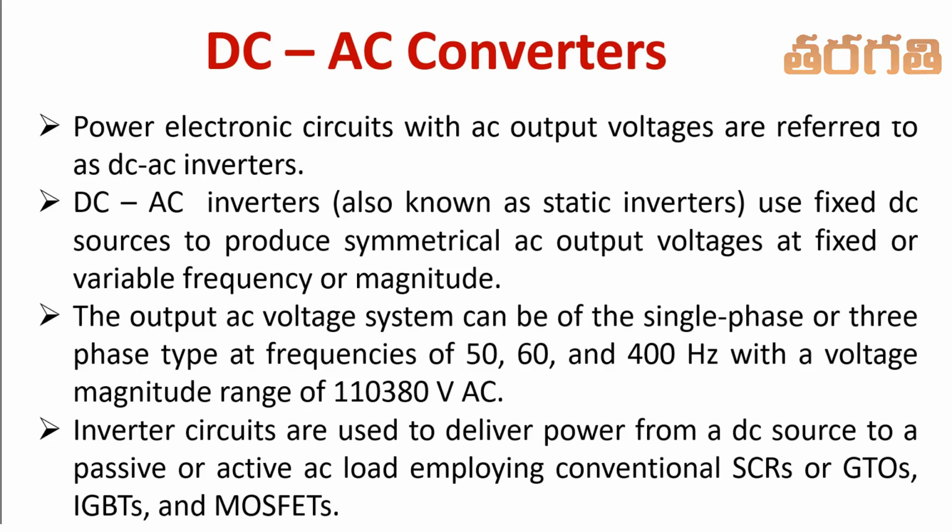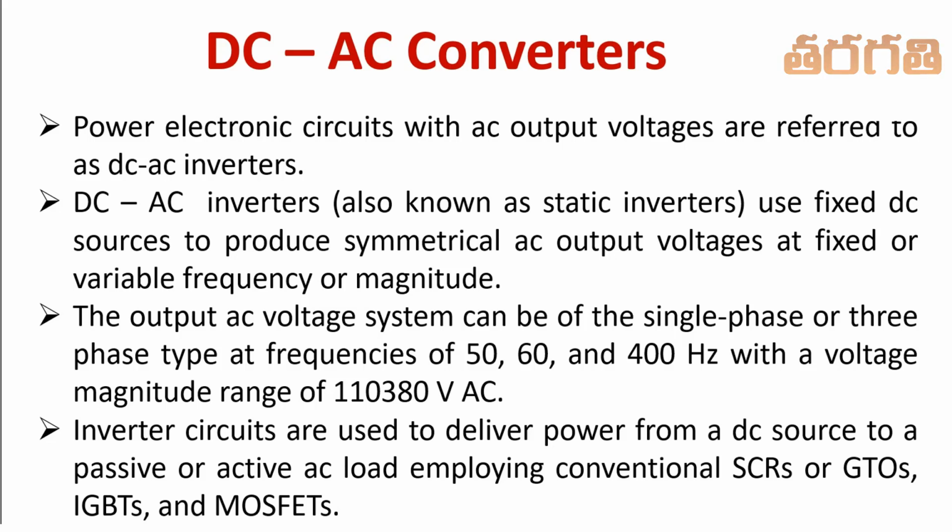So these are designed to give a voltage magnitude ranging from 110 to 380 volts. These inverter circuits are used to deliver power from a DC source to a passive or active AC load, with the help of conventional SCRs, gate turn-off thyristors, insulated gate bipolar transistors (IGBTs), or metal oxide semiconductor field effect transistors.